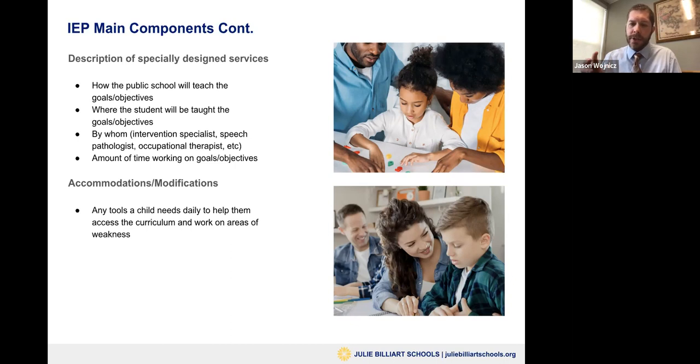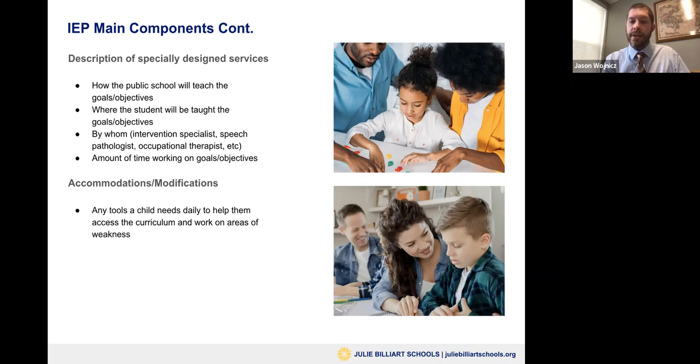And it's going to demonstrate, okay, here we have a goal that focuses on reading fluency. Who is going to be the primary provider? Who's going to be responsible for managing that goal? For an example, that could be the intervention specialist. It could be a general education teacher as well. But for this example, let's say it's going to be the intervention specialist. Okay, so now we know it's the intervention specialist who is responsible.